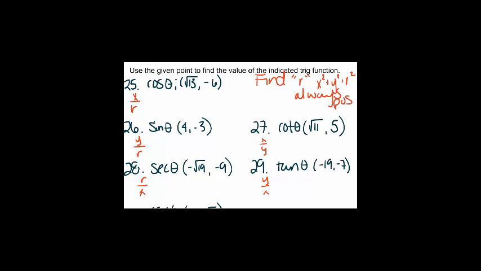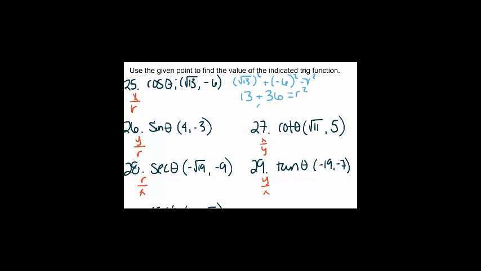If we were going to test out, say, 25, let me erase this so I have a bit of space. So 25, I need to find r. So I'm going to try x squared plus y squared: the square root of 13 squared plus negative 6 squared equals r squared. We get 13, I just take the square root off, plus 36 equals r squared.